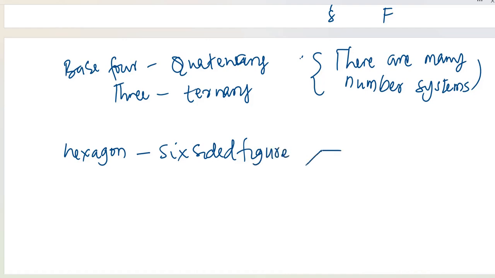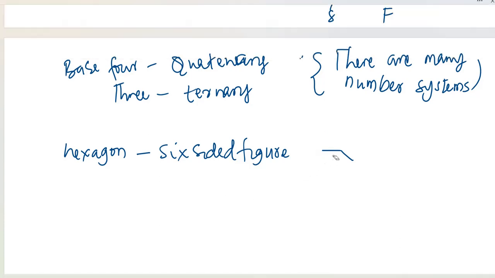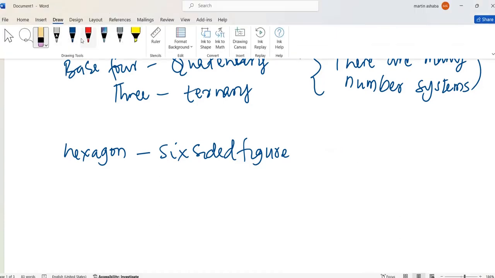Instead of writing 10 after 9, you write A. So A represents 10, B represents 11, C 12, D 13, E 14, and F is 15. You just represent those letters like Martin showed you earlier.